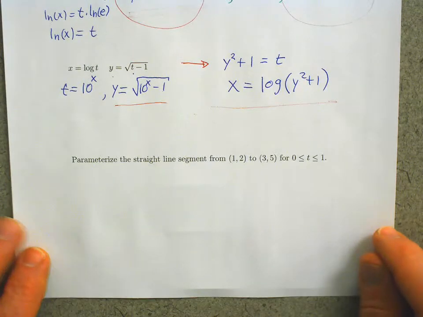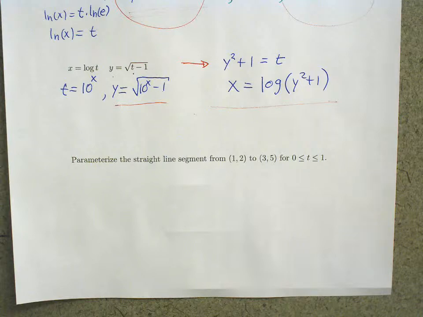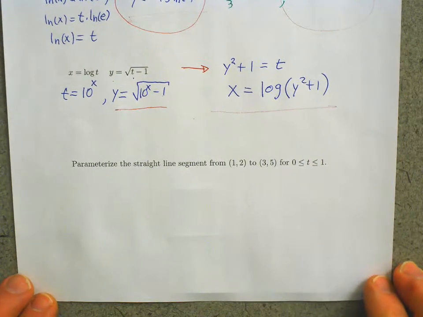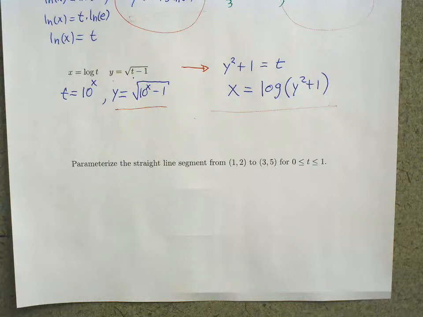Okay, the next one, this is something new for today. This says parameterize the straight line segment from the point whose coordinates are 1, 2 to a second point whose coordinates are 3, 5.